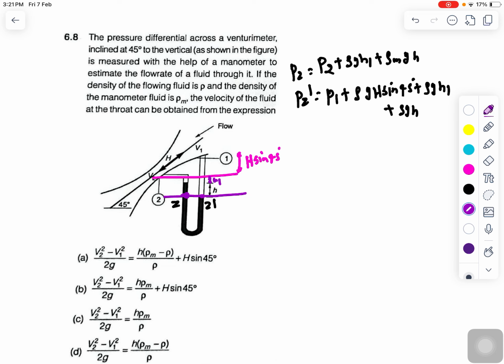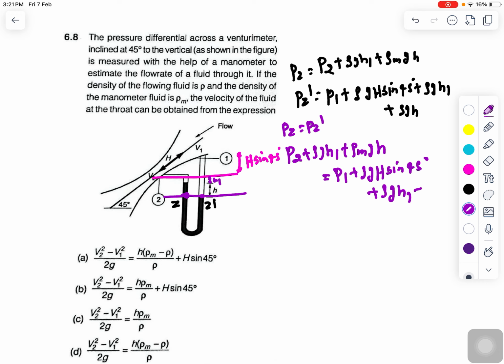So I can say P2 plus rho z h1 plus rho m z h is equal to P1 plus rho z h sine 45 degree plus rho z h1 plus rho z h. So let's see which of the following options can cut.